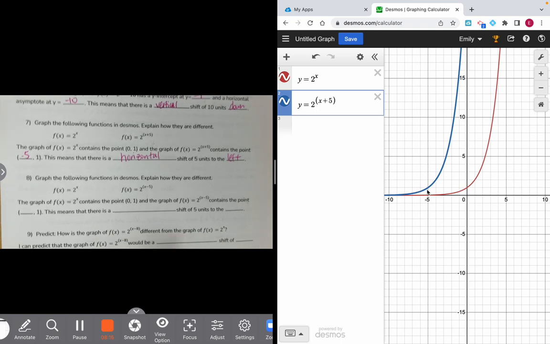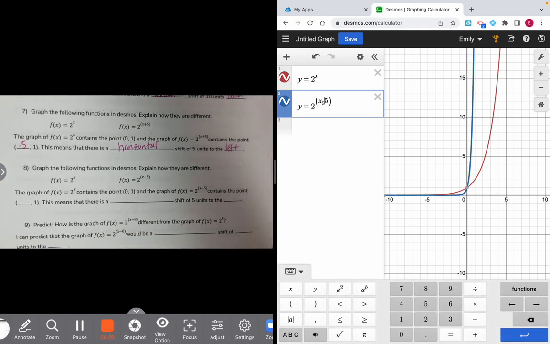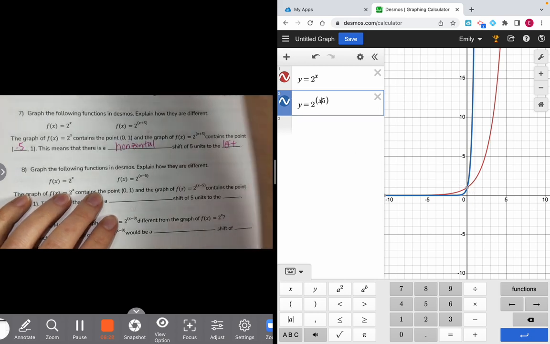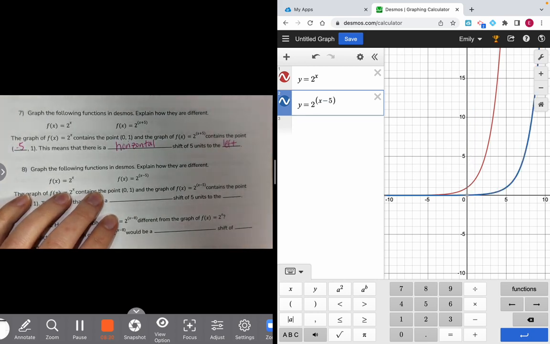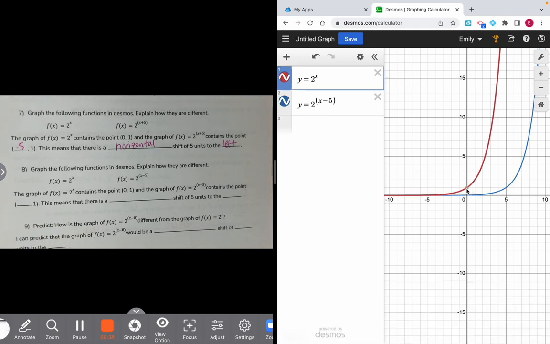Okay, so looking now at the next one, where what we've done is taken this and subtracted 5 instead of adding 5. Again, this first line, oops, I'm sorry, I didn't do that correctly. -5, there we go. This first line, the red line, still has its y-intercept of 0, 1.